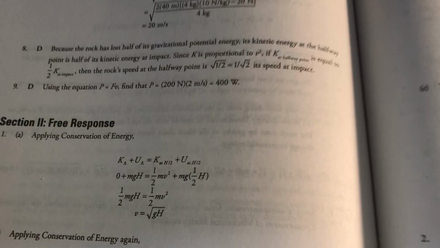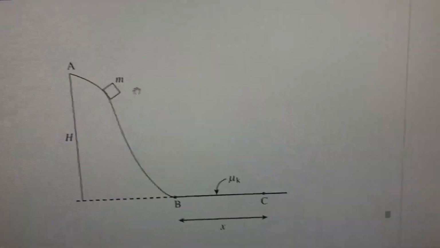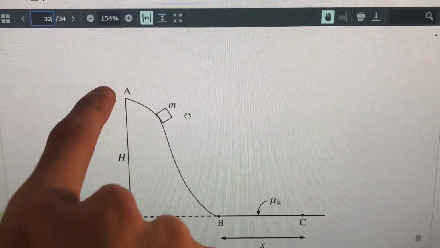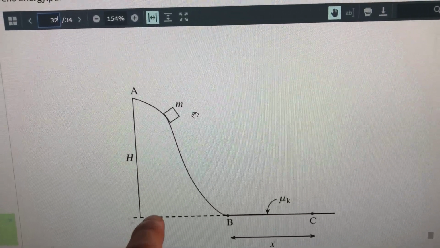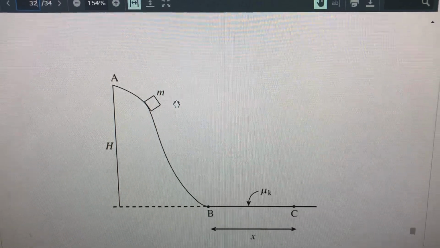All right, so for step 1, we want to find the speed of the box when it's halfway above point B. So what we have is, at the beginning at point A, we've got gravitational potential energy up here because our object is some height h above the ground, which we're pretty much taking to be our horizontal zero line for the whole problem.